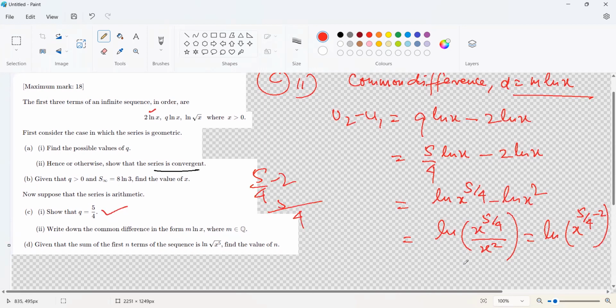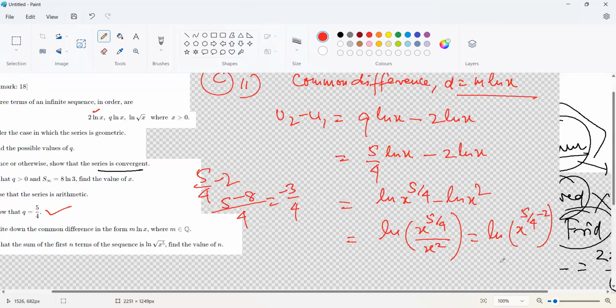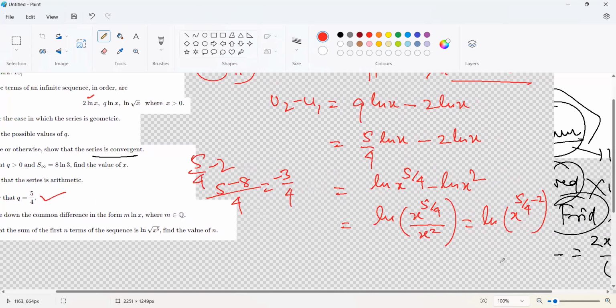The LCM is 4. We cross multiply, 4 times negative 2 is negative 8. That result is 5 minus 8, negative 3 over 4. So this is ln x raised to the power negative 3 over 4, which we can write again as negative 3 over 4 ln x, by the rule of log.